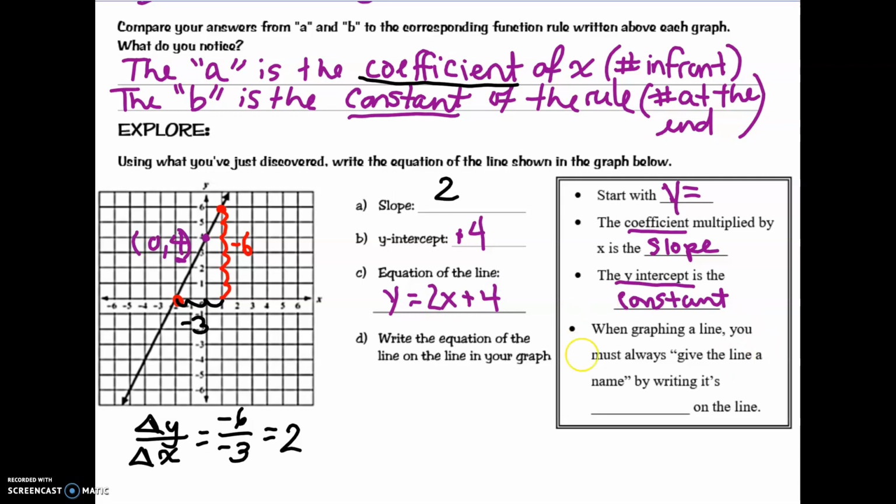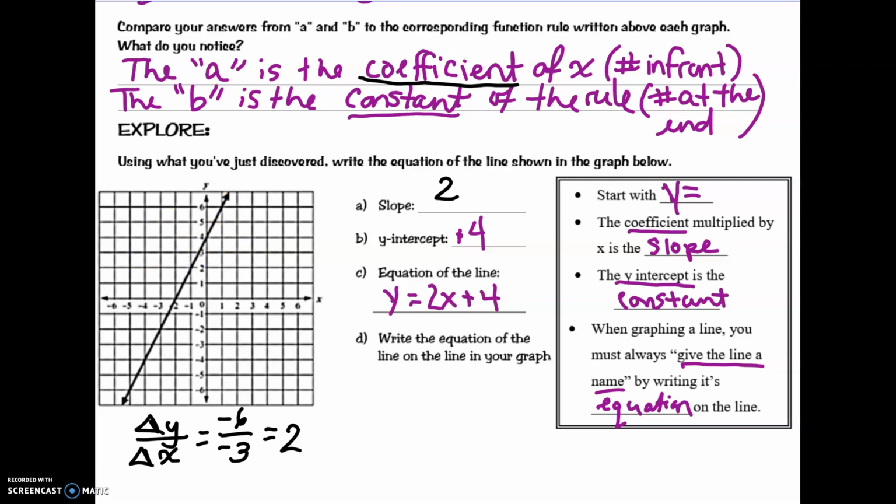So lastly, whenever I am making an equation or a rule for a line, I must always give that line a name by writing its equation on the line. So I'm actually going to erase this information. It's okay if you leave it there.